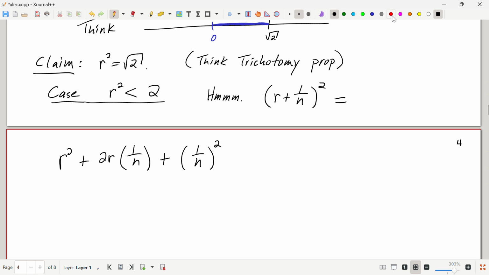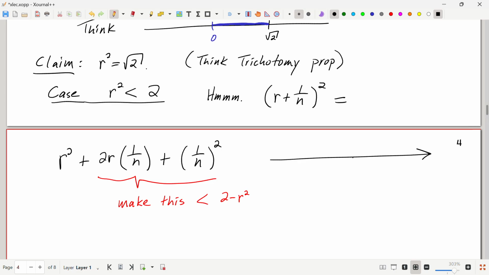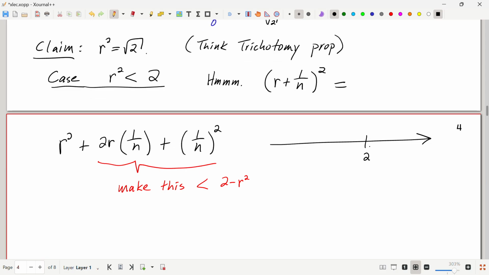So the thing I want is to make this less than 2 minus r squared. Okay, so my picture is I've got 2 here. I've got my r squared, which is strictly less.